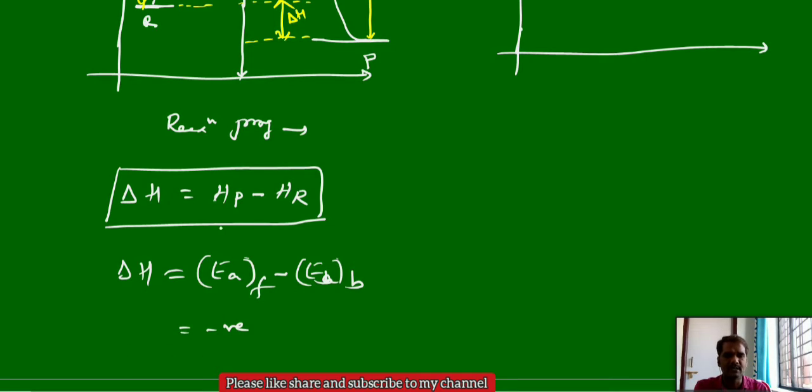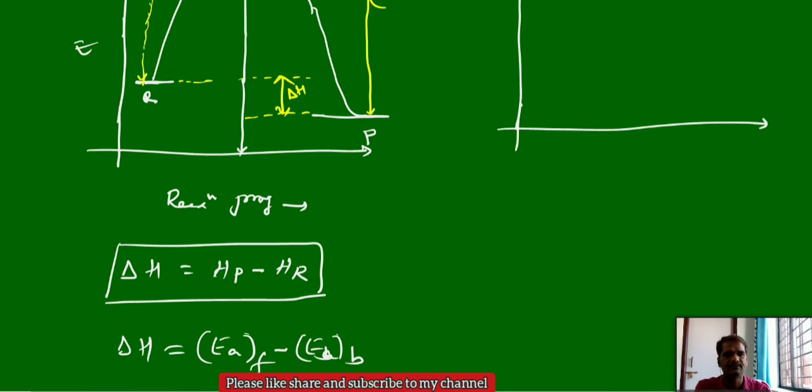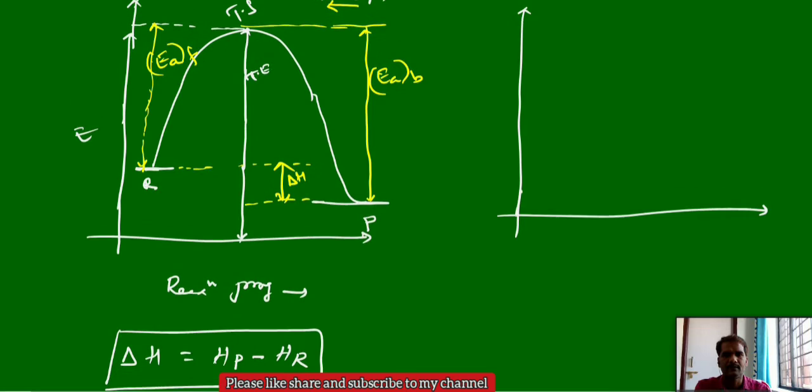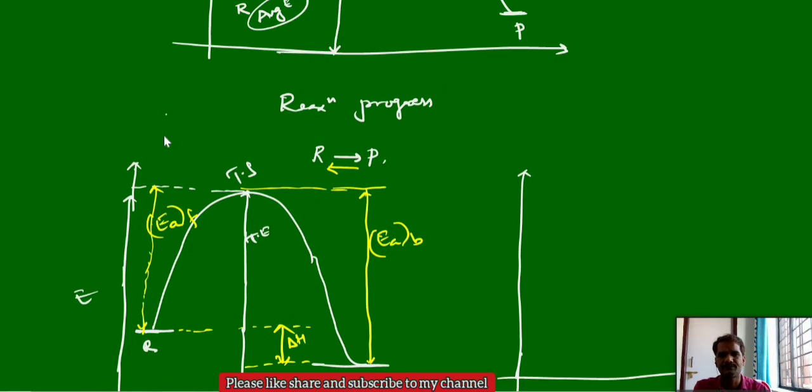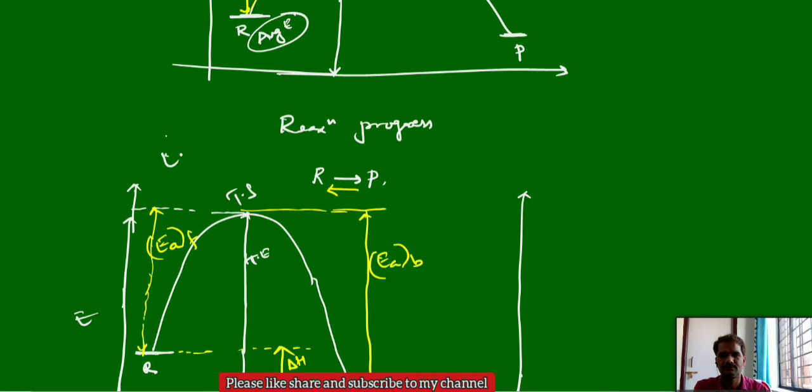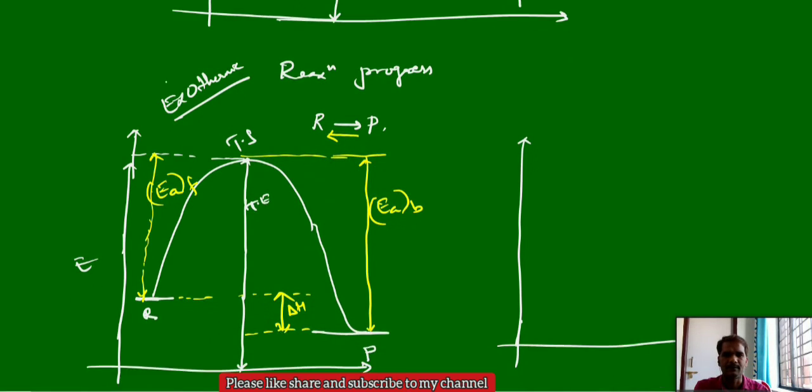So delta H is negative means this graph represents an exothermic reaction, and this is the exothermic reaction graph. Isn't it? Next, second type of graph.